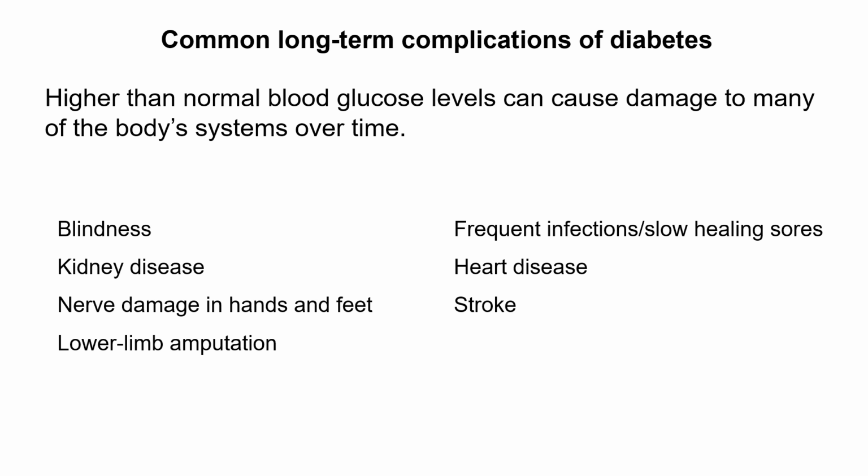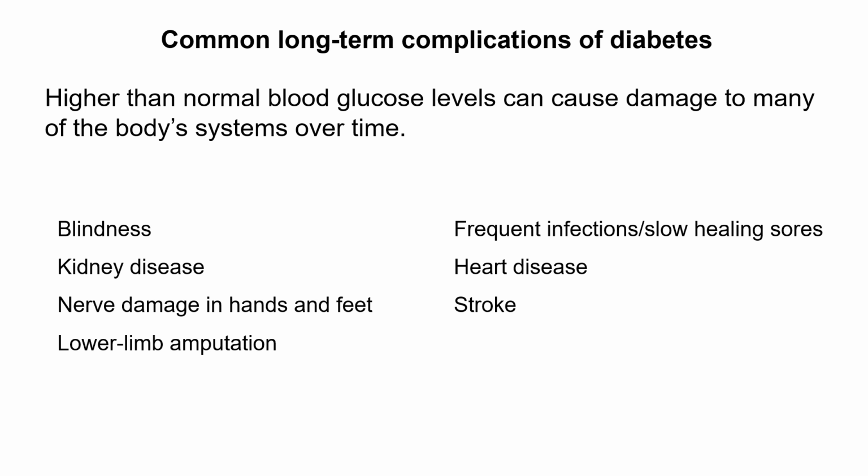Peripheral nerve damage in your hands and feet. So those capillaries get damaged, and the sensory neurons are no longer able to function due to a loss of oxygen and nutrient supply. That can lead you to have sores, cuts, abrasions that don't heal adequately because there's not enough functioning vasculature.